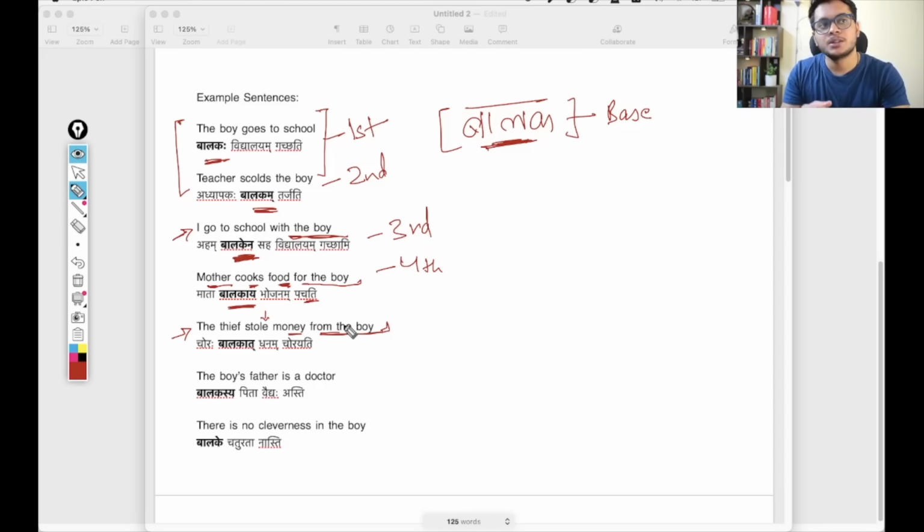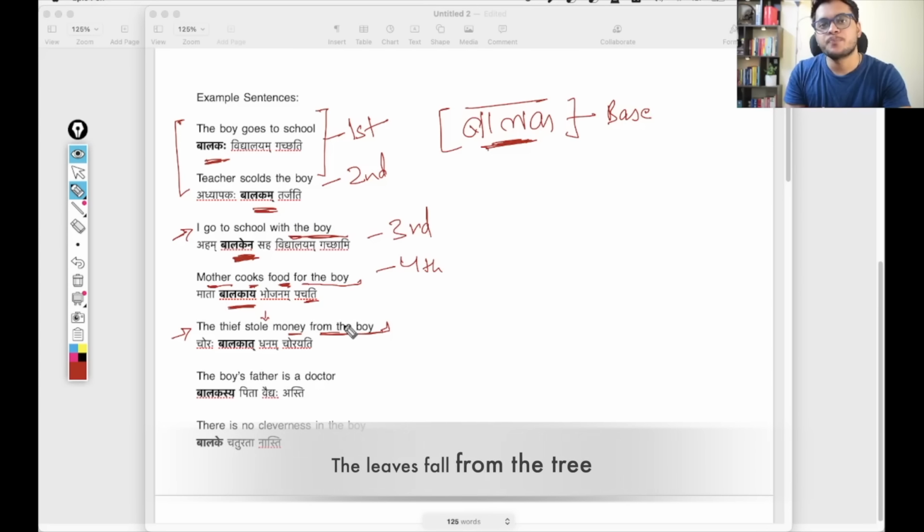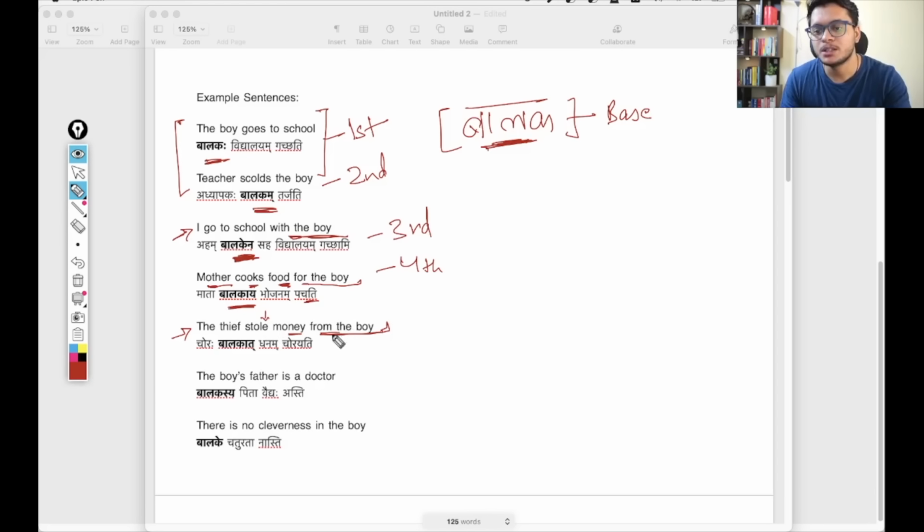So for example, the leaves fall from the tree. So what is the source of these leaves? Tree is the source. Or you can also say it like that, the leaves are getting separated from the tree. So there is a sense of separation. So whenever there is a sense of separation, or whenever you want to show a source, from the tree, from the boy, the thief stole money from the boy.